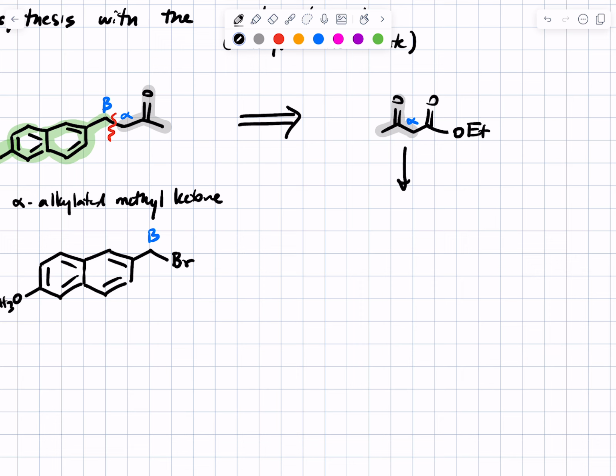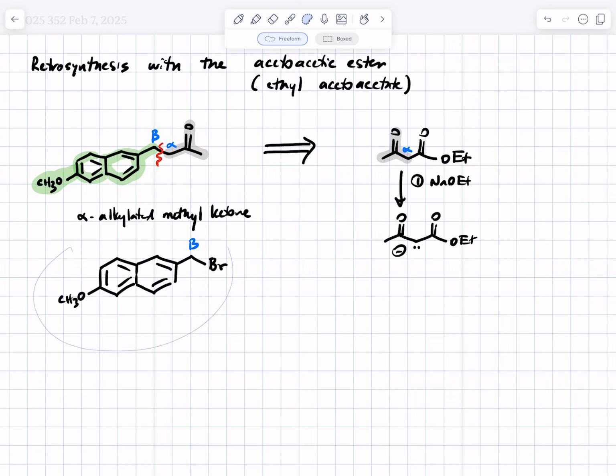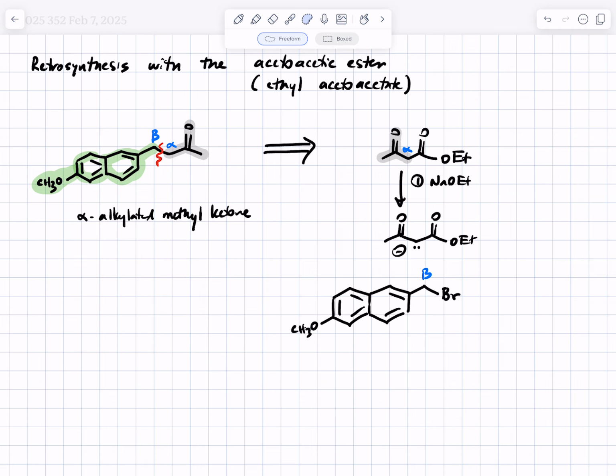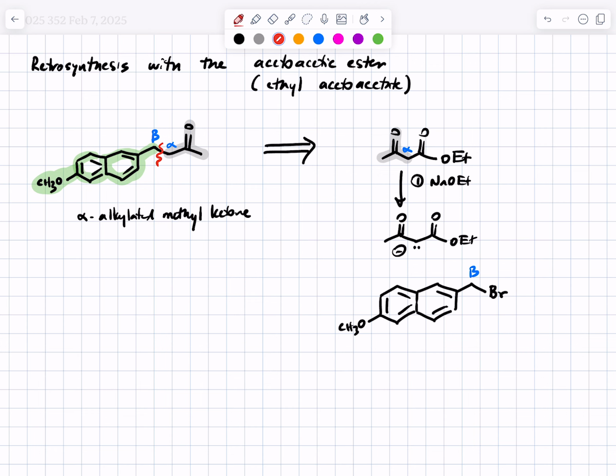So to do this reaction in the forward sense, we would use sodium ethoxide to deprotonate the alpha carbon to generate the resonance stabilized enolate. And then we would use, in the second step, this alkyl halide in an SN2 reaction, making the new bond between the blue alpha carbon and what will become the blue beta carbon.